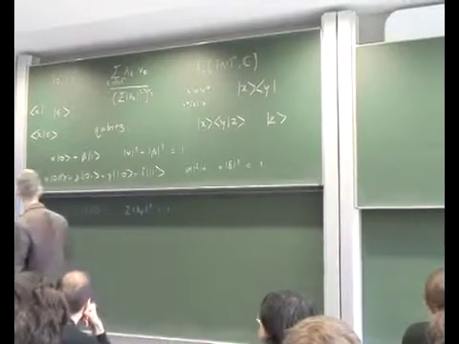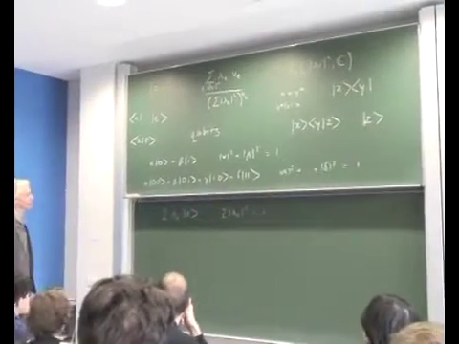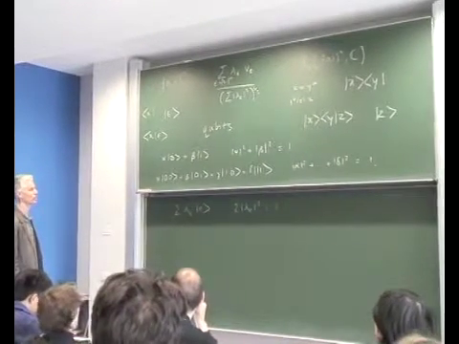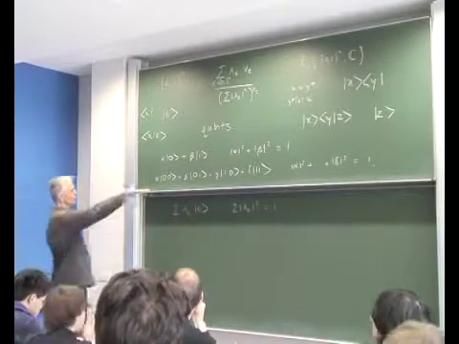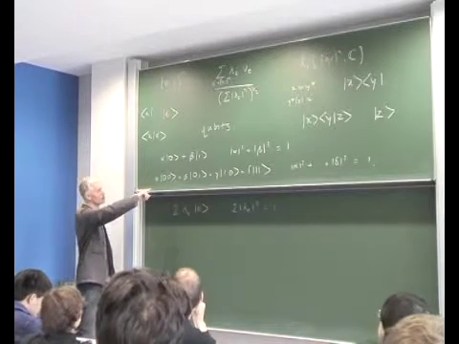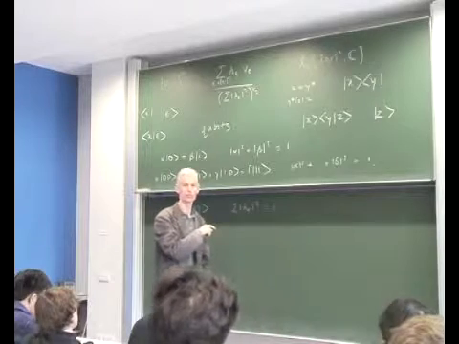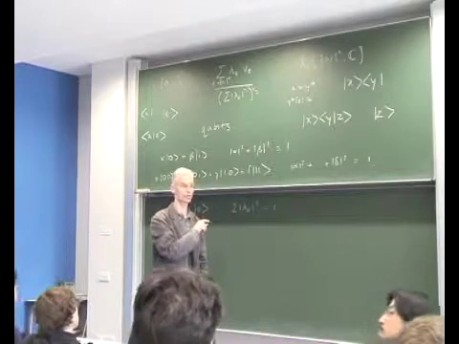Just to make that reasonably explicit, if there are people who are totally happy with tensor products, let's look at this two-dimensional case. I want to see how we can think of this as just a different notation for the tensor product of two-dimensional vector spaces.